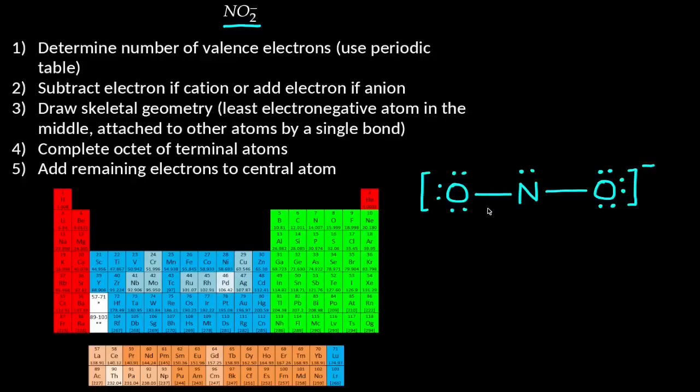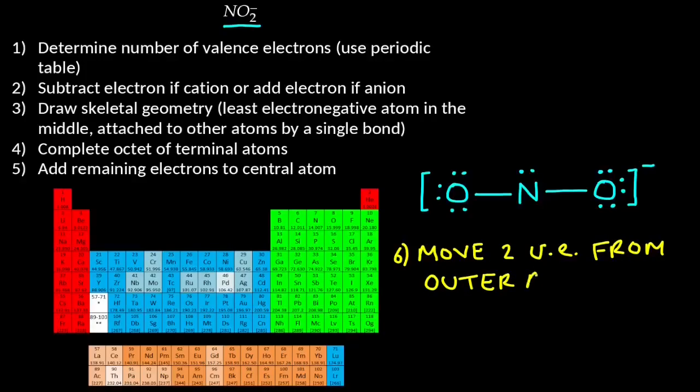Now an additional step is to move 2 valence electrons from an outer atom to form a bond with the central atom.